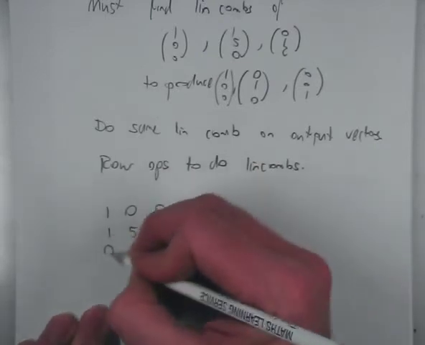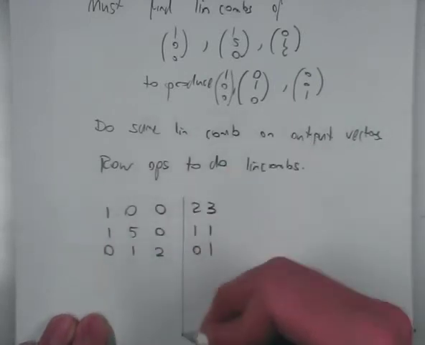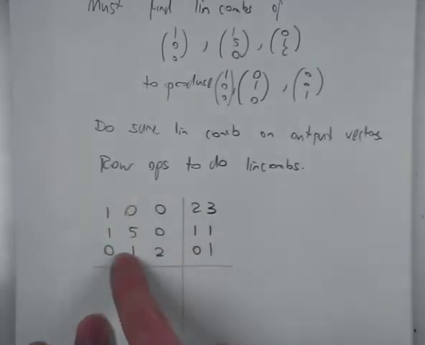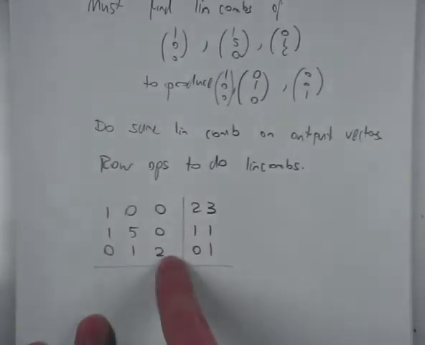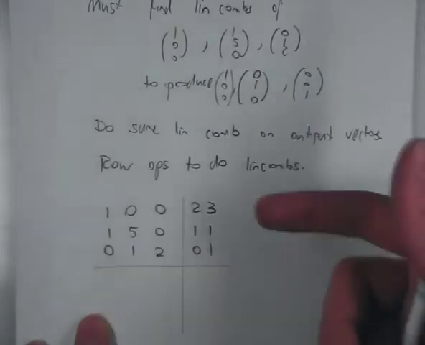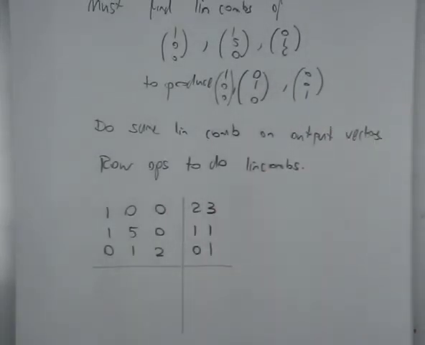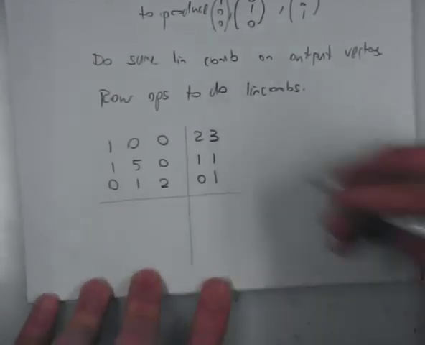And 0, 1, 2 produces the answer 0, 1. And we want to do row operations on this until it produces 1, 0, 0, 0, 1, 0 and 0, 0, 1. By the time we've done that, those same row operations will have been done on this bit, and I will have done the combinations that I need automatically, because that's what row operations do. They do linear combinations. And so I just need to do row operations.